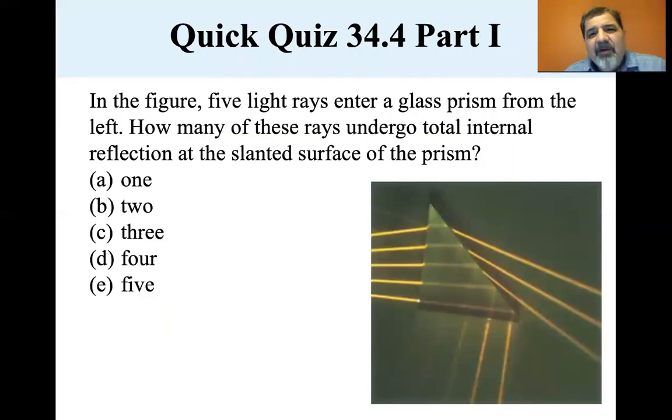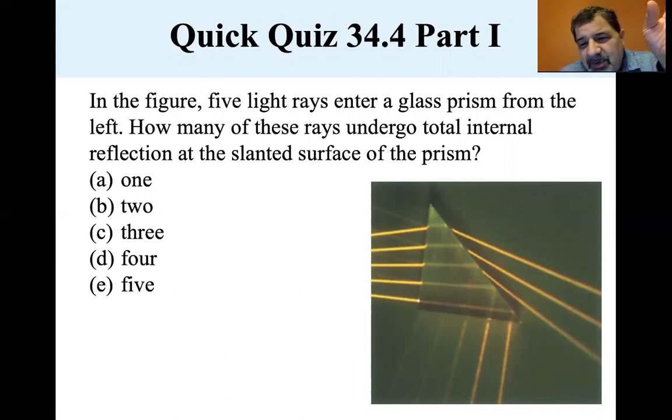All right, now here's a test. In the figure, 5 light rays enter a glass prism from the left. How many of these rays undergo total internal reflection at the slanted surface of the prism? Well, you can see that 3 of them have escaped.